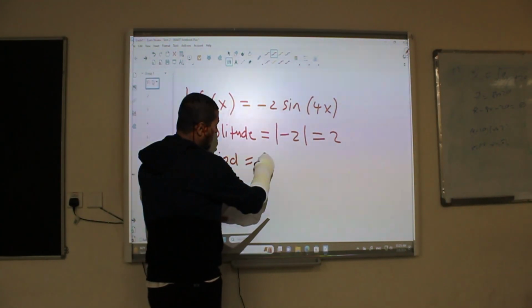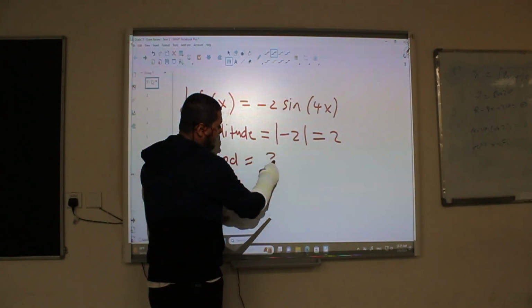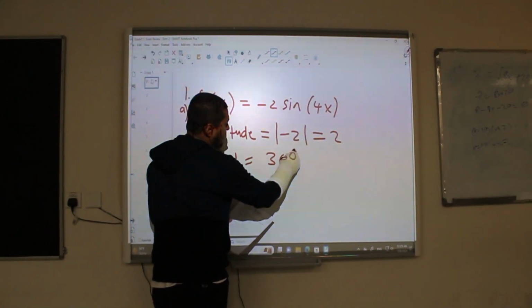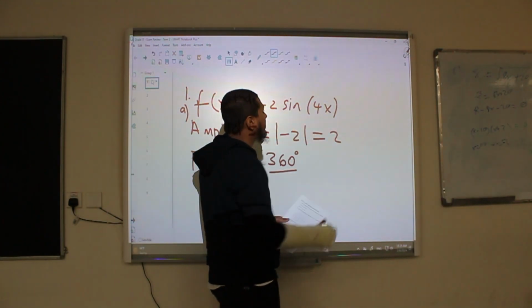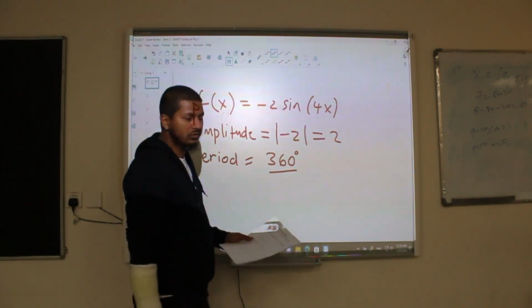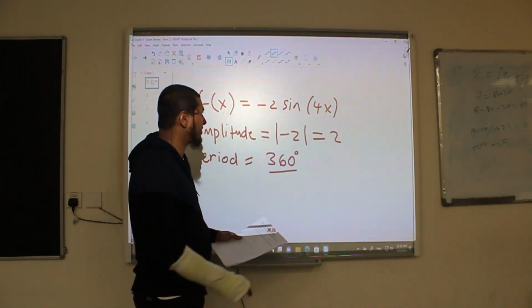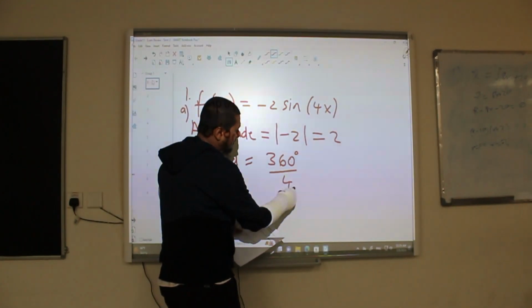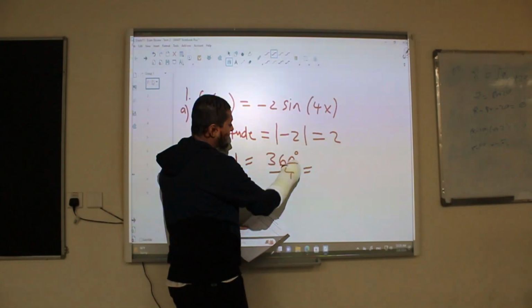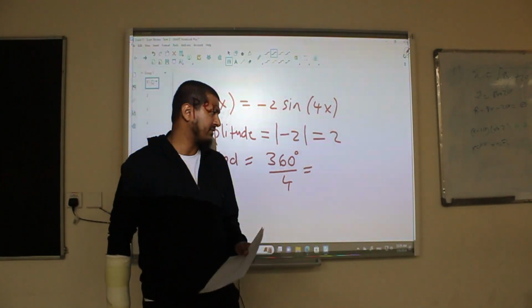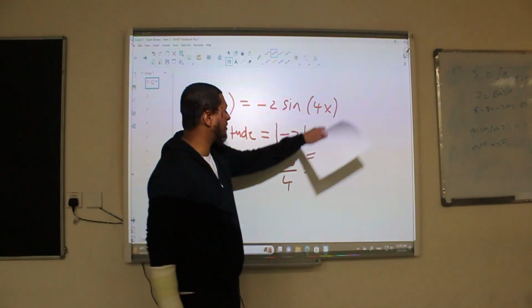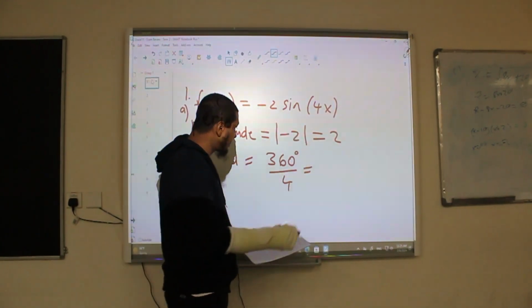In degrees, it will be 360 degrees divided by the coefficient of x. Anything after the sine argument, you need to look at the coefficient of x, which is 4. So we get 360 degrees divided by 4. For sine and cos that's how we find the period, and for tan we say 180 degrees divided by the coefficient of x, which is b.